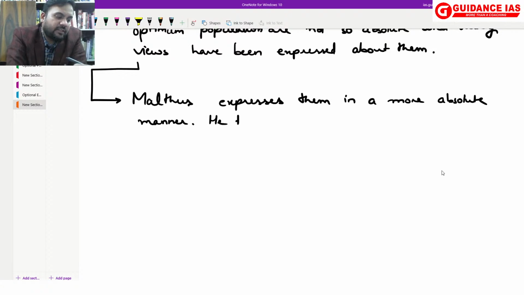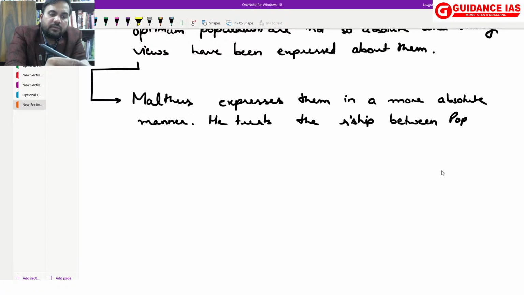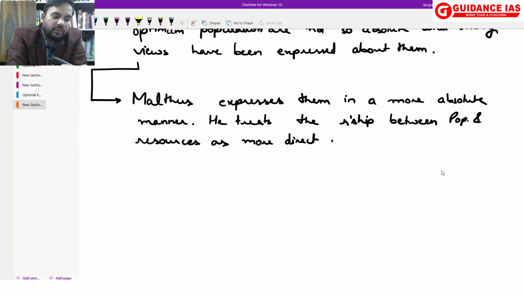He treats the relationship between population and resources as a more direct one.